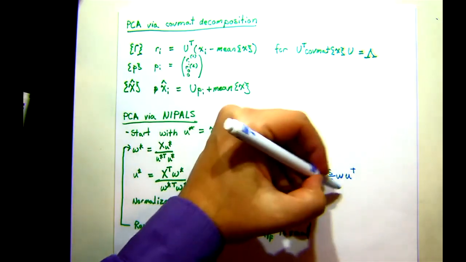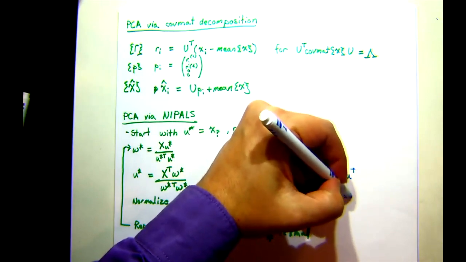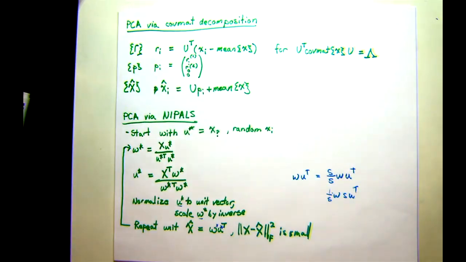So you're going to want to take 1 over S times W for whatever the U transpose is. And S is not necessarily the norm of U. Well, it'd be the norm of U, it'd be 1 over the norm because you want to get it to be a unit vector. Sorry.